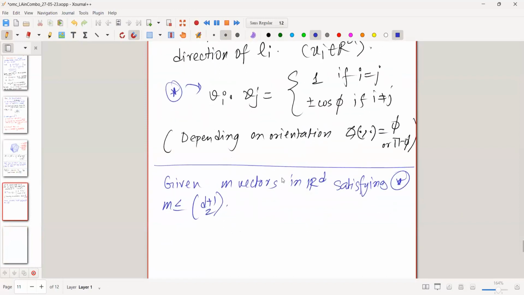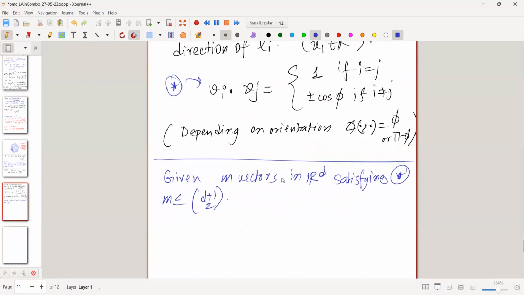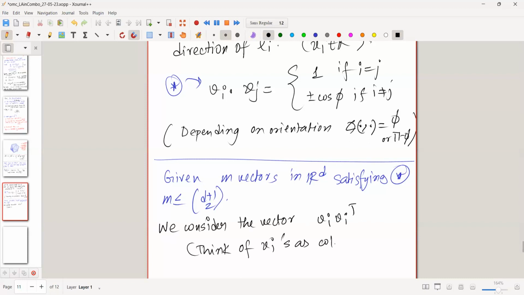First of all, if you are just trying to work in R^d, that seems not sufficient. Any basic linear independence argument is not going to work because the dimension d is too low. So what we try to do is consider the vectors Vi as column vectors.